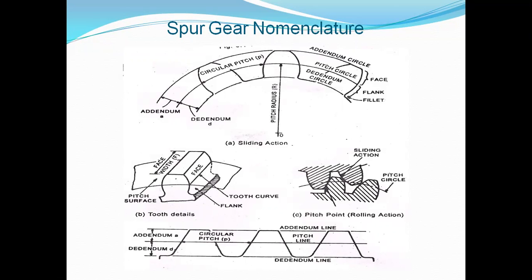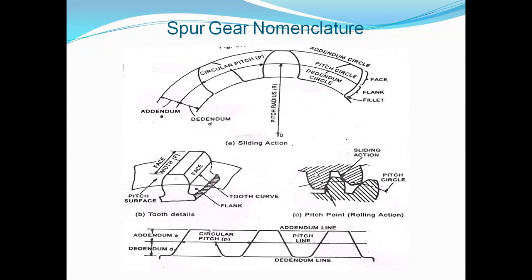So spur gear nomenclature means, what are the parts in the gear tooth profile? We have to discuss that. Here we have the addendum and the dedendum, the pitch radius, circular pitch, pitch circle, dedendum circle, face, flank, fillet, and addendum circle.